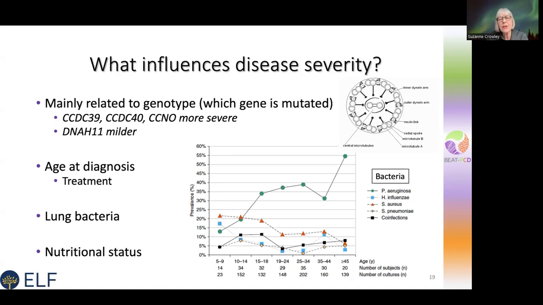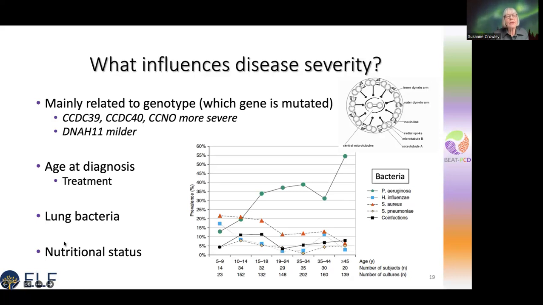And it is Pseudomonas which becomes the most common bug as you get older with PCD. And it is associated perhaps with poorer lung function, particularly in women. And you can see here for the over 45s, about at least half of people with PCD have infection with Pseudomonas aeruginosa, which can be treated.